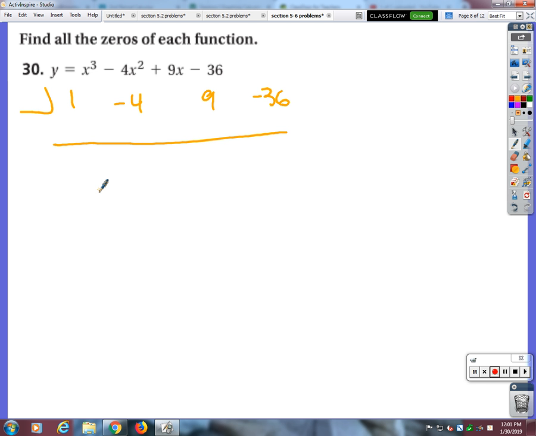Well, my choices are the factors of this divided by the factors of 1. So that would be plus or minus 1, 2, 3, 4, 6, 9, 12, 18, 36.